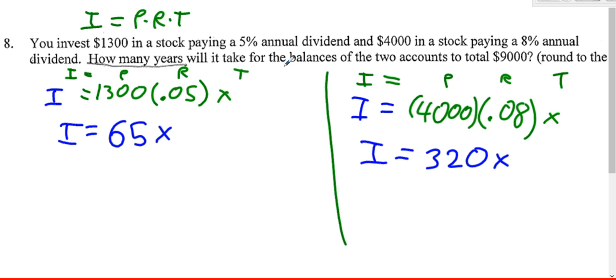Now, it does talk about the balances, which is the total. So 65x is how much was added on to our account. We started with 1,300. 65x gets added on. This is the total for this account.